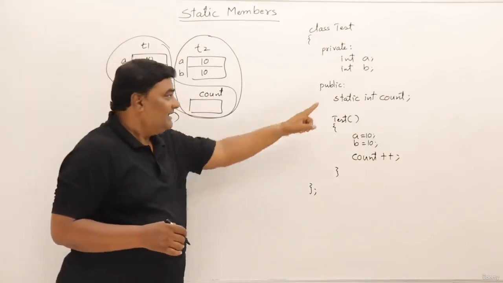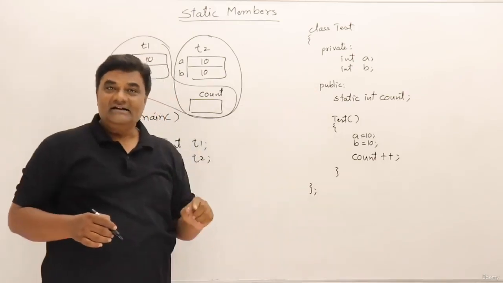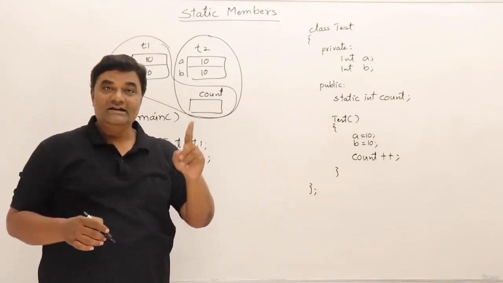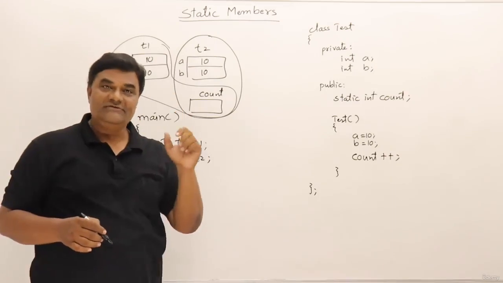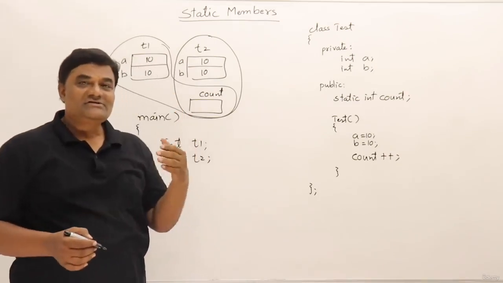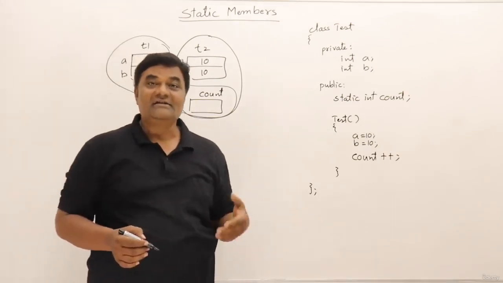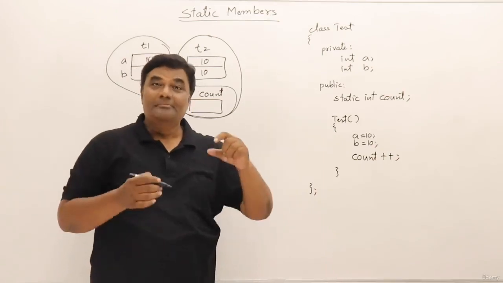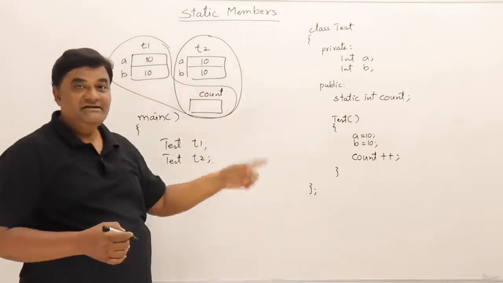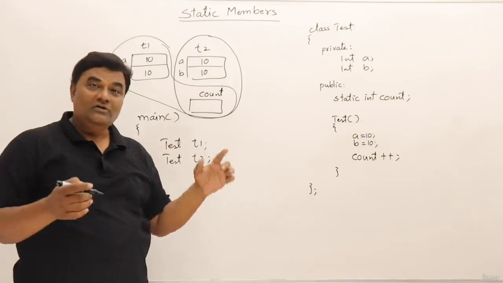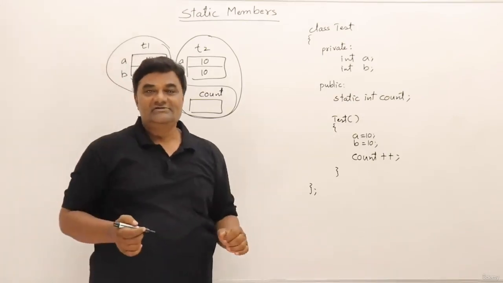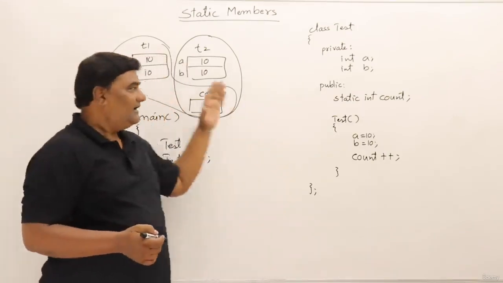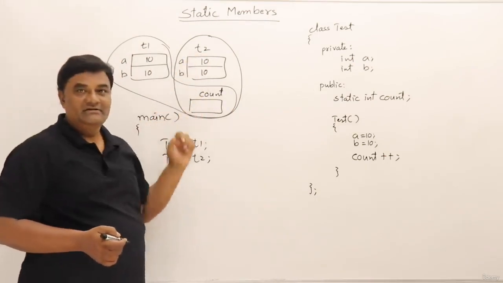So when you make this variable static, it will occupy memory only once. Static variables or static data members of a class belong to the class, not to an object, and all the objects can share it. There will be only one copy and every object will share that copy.